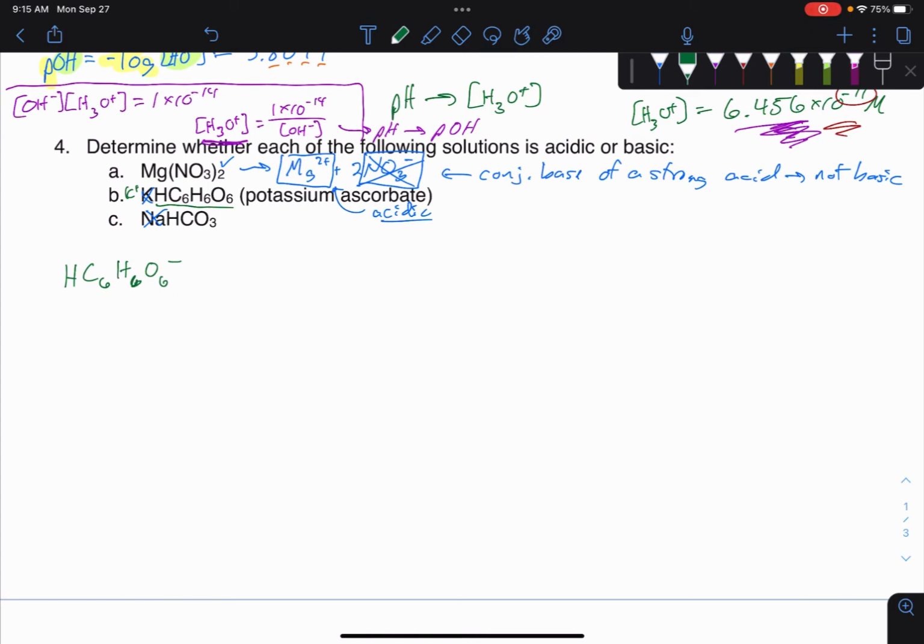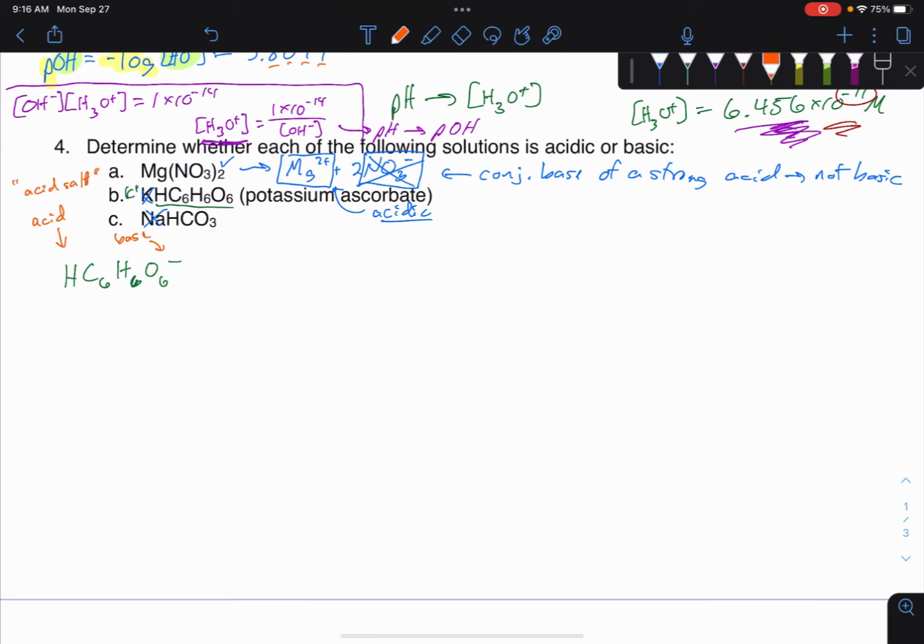And then the other thing we have to recognize is that this thing has a little bit of a split personality. The proton in front would suggest that it's an acid, and it can act like that in some cases. And then the fact that it's an anion says that it can also act as a base. And so what happens, and sometimes the phrase is this is an acid salt.